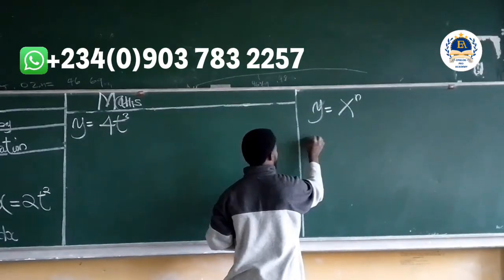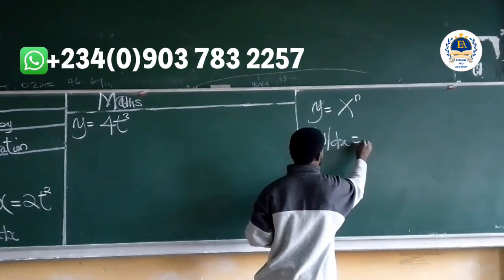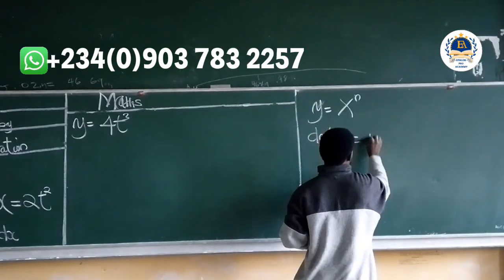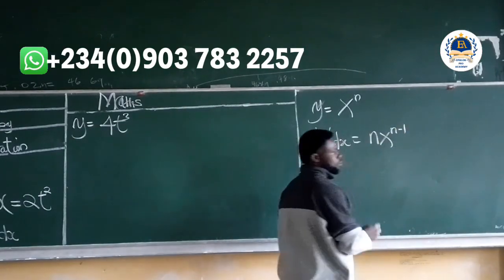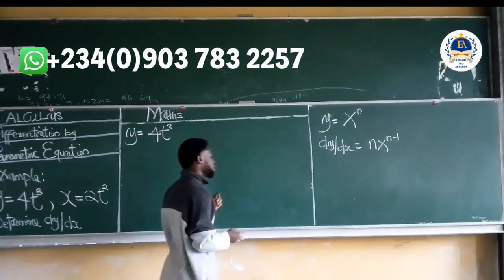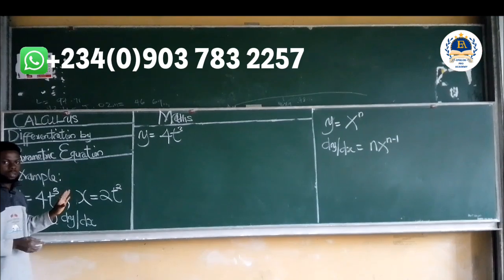So dy over dx would give nx raised to the power of n minus 1. We are using these principles to determine the derivative of these two functions on the board.